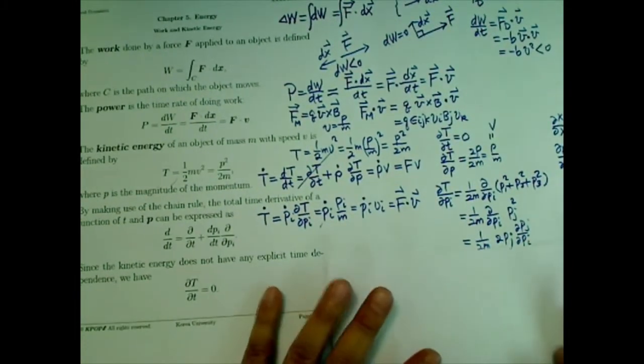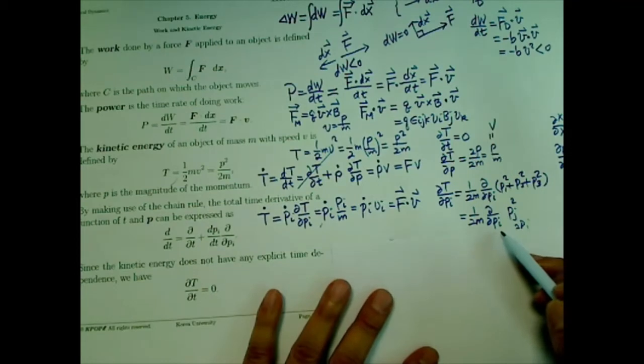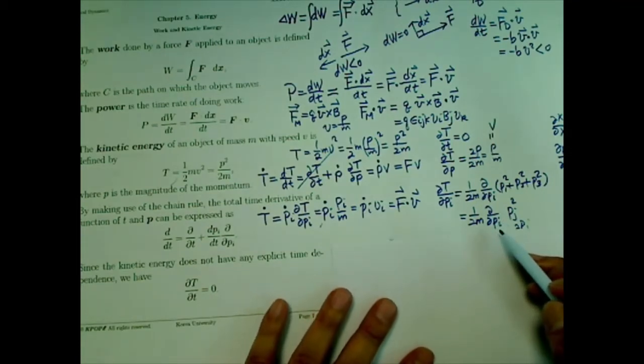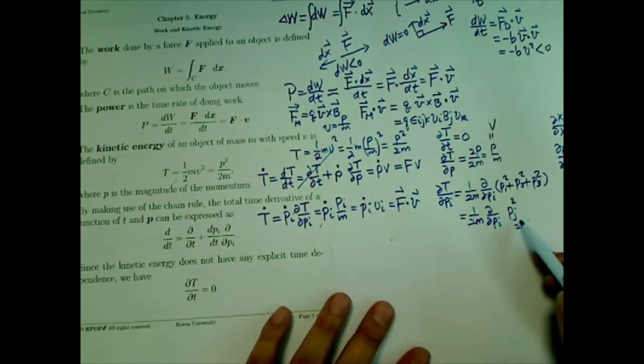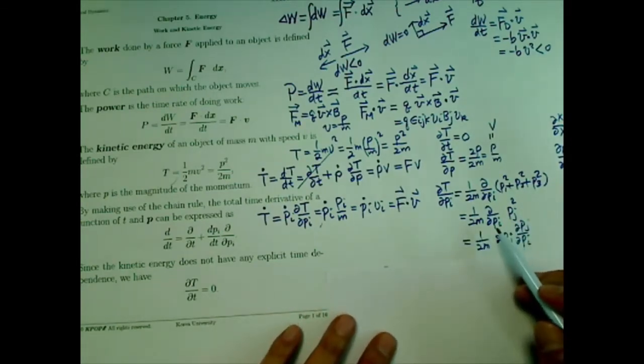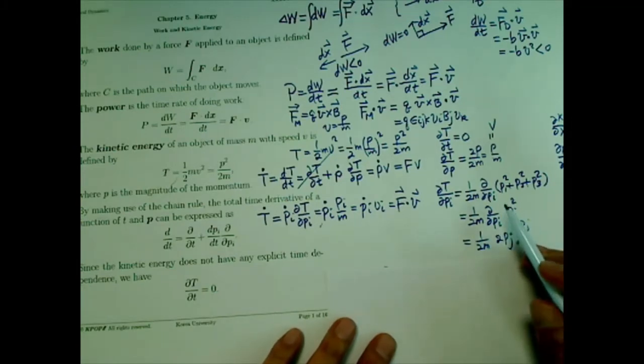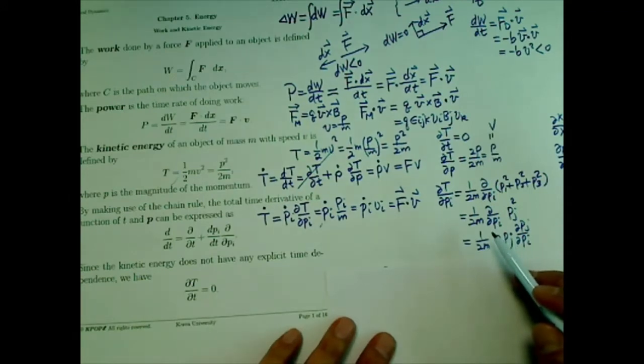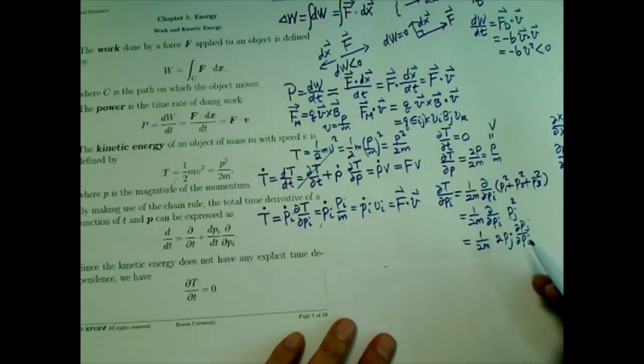If I use this expression, the partial derivative with respect to pi of the sum over j of pj squared, then by making use of the chain rule, we take the derivative with respect to pj first, then we get 2pj, and then we take another partial derivative of pj with respect to pi. So we have round pj over round pi.